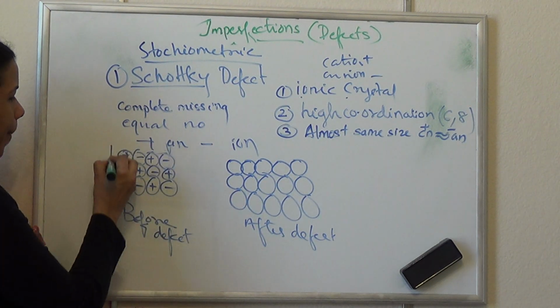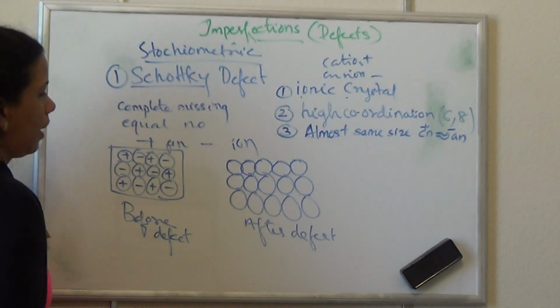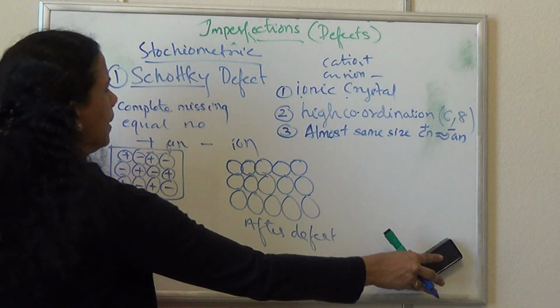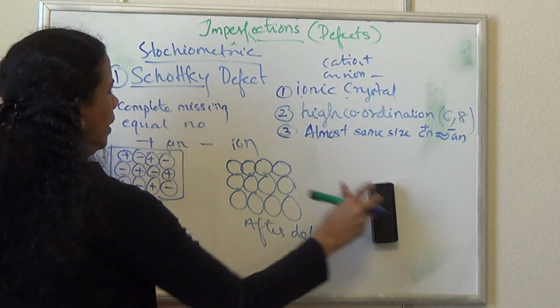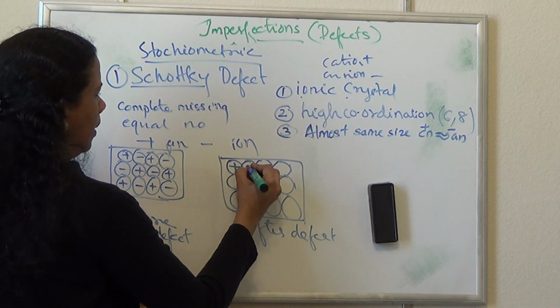This is the perfect crystal. Then after the defect, some of the ions are missing.